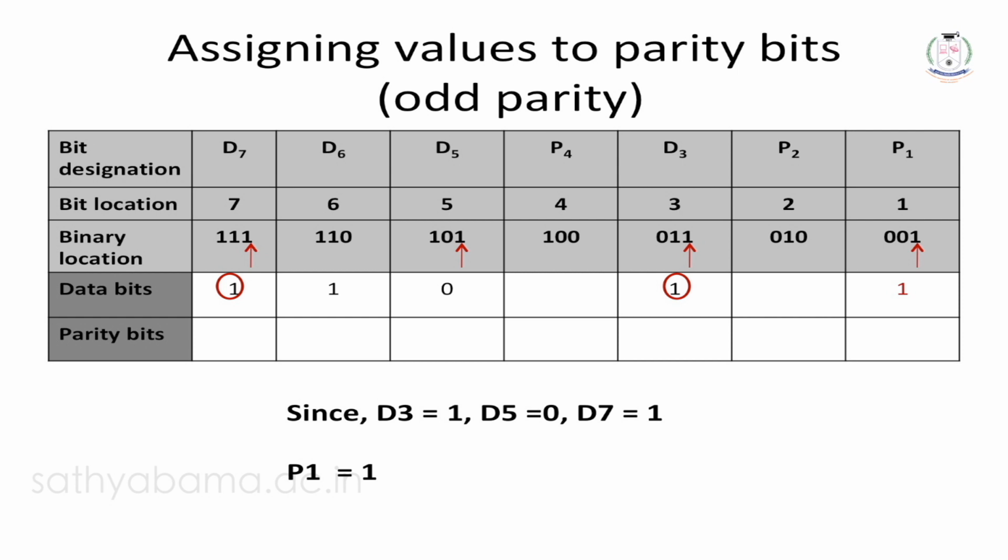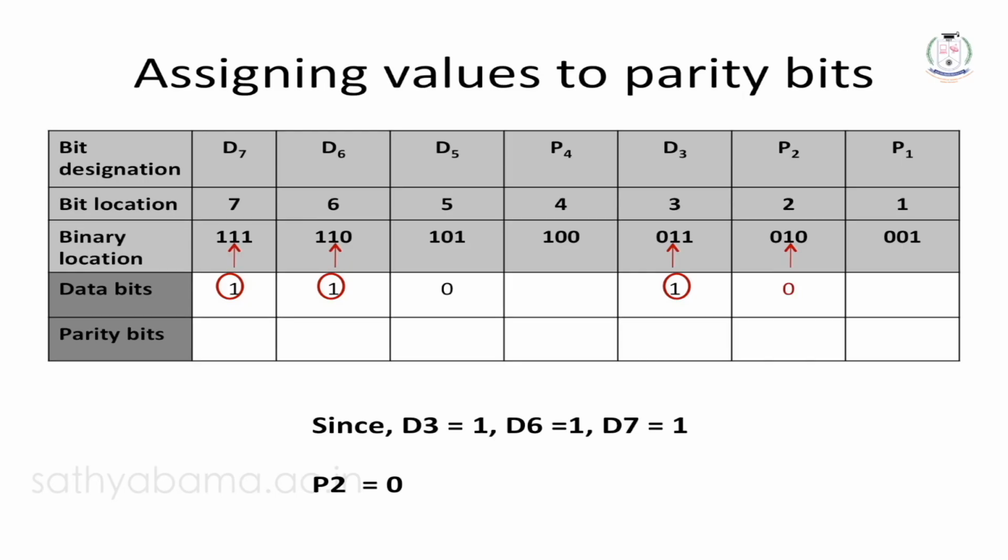So I'm going to count D3, D5 and D7. The value of D3 is 1, D5 is 0 and D7 is also 1. Counting the number of ones, I have two ones. I am required to maintain odd parity, which means only if I give P1 equal to 1 will I maintain the integrity of odd parity. So I am going to assign P1 equal to 1.